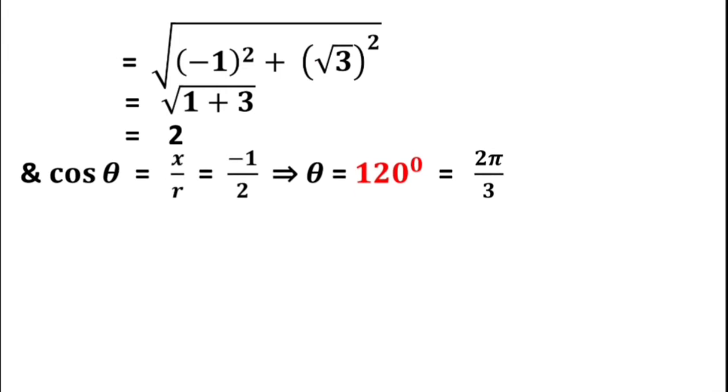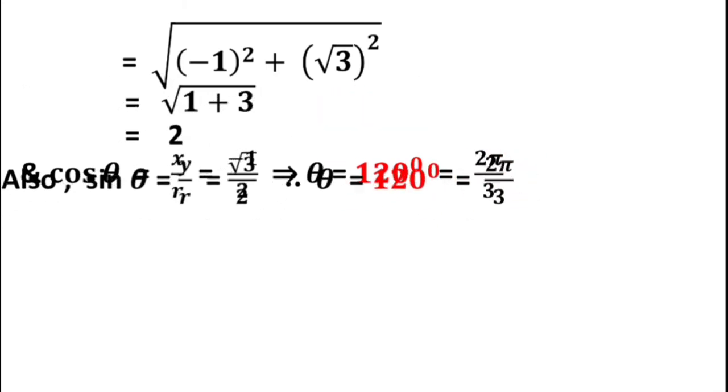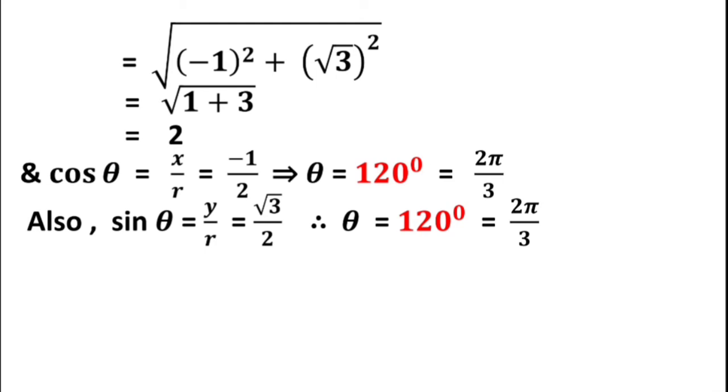And cos theta is equal to x upon r, that is -1 upon 2, which implies theta is equal to 120 degree. Theta is 120 degree and you have to convert it in radians, that is 2 pi by 3. Also sin theta is equal to y upon r, that is root 3 by 2, and sin 60 is root 3 by 2.